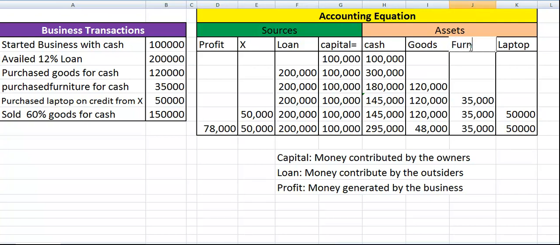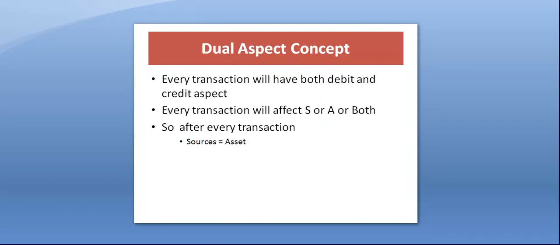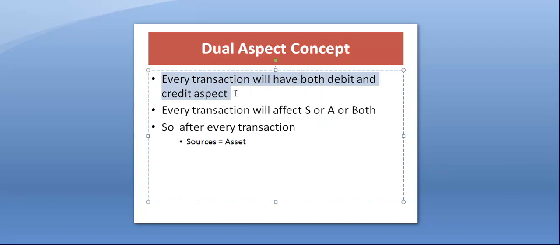So at any point of time, every business transaction undertaken by the business will affect the source or asset, or source and asset. Where is this coming from? Once again, this is supported by an accounting concept called the dual aspect concept, which says every transaction will affect both debit and credit. But we are not discussing the concept of debit and credit.